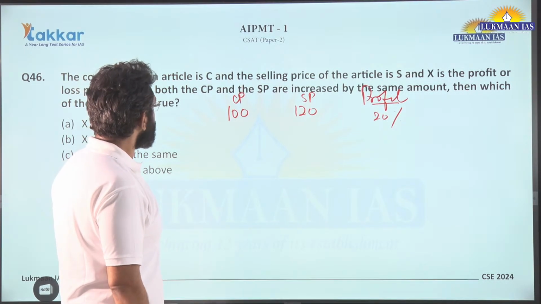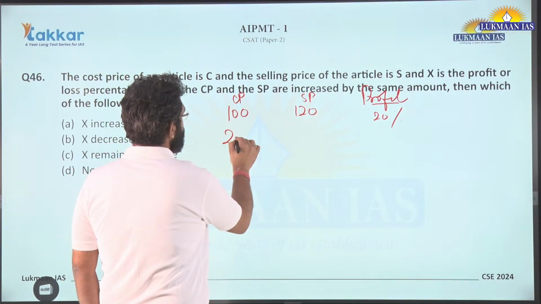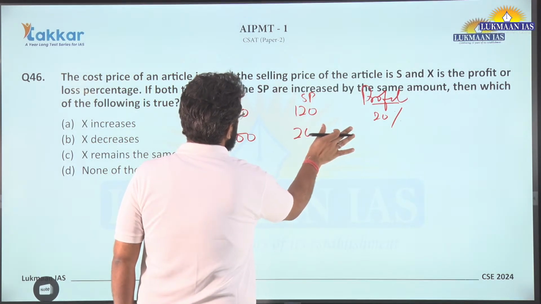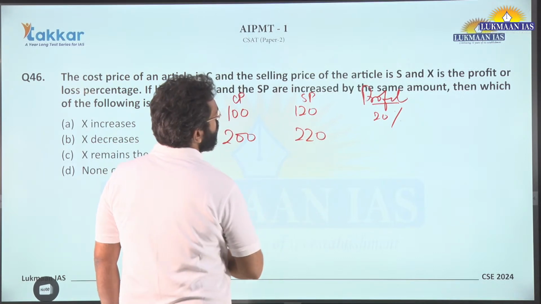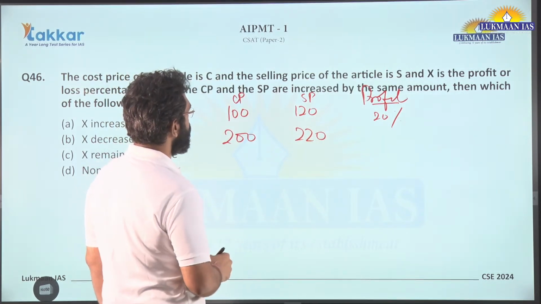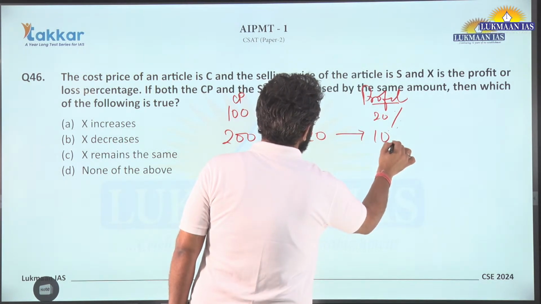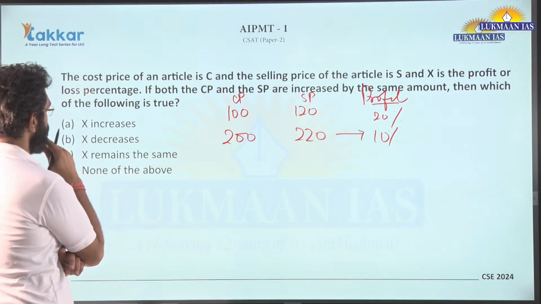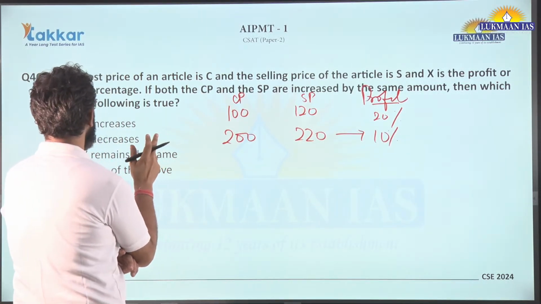If both are increased by the same amount, the cost price becomes 200, selling price becomes 220, and now the profit margin remains just 10%.